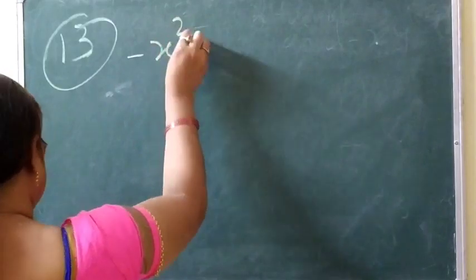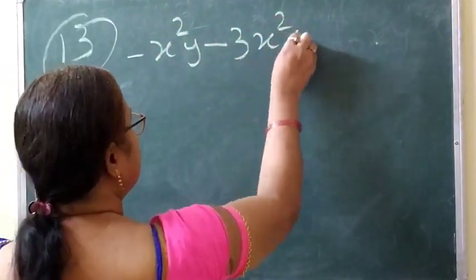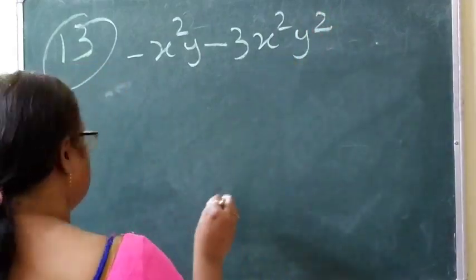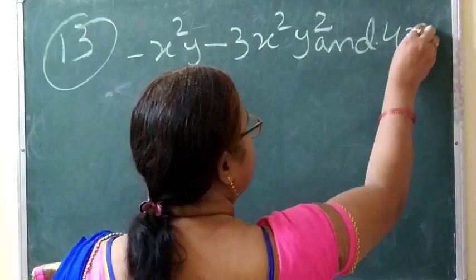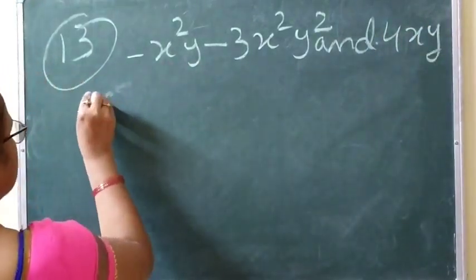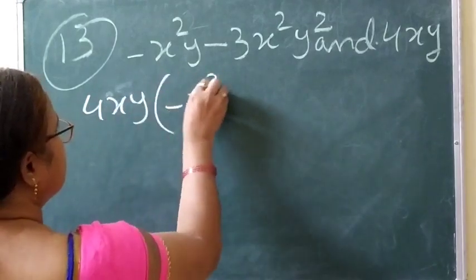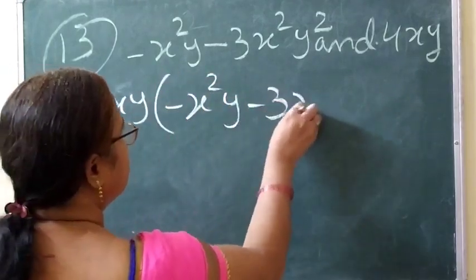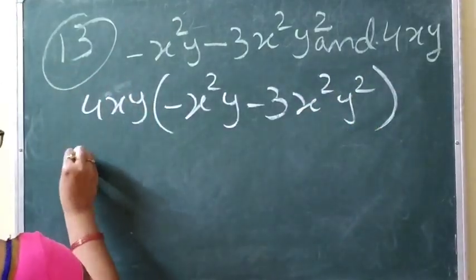Minus x square y and minus 3x square y square, and you have to multiply this with 4xy. So first we will write here 4xy. Then inside the bracket minus x square y minus 3x square y square. Now solve it.